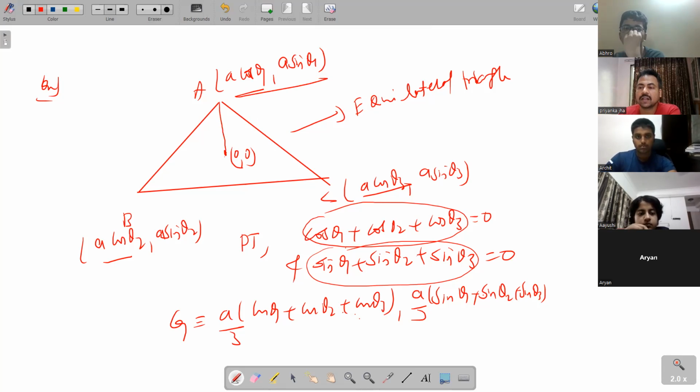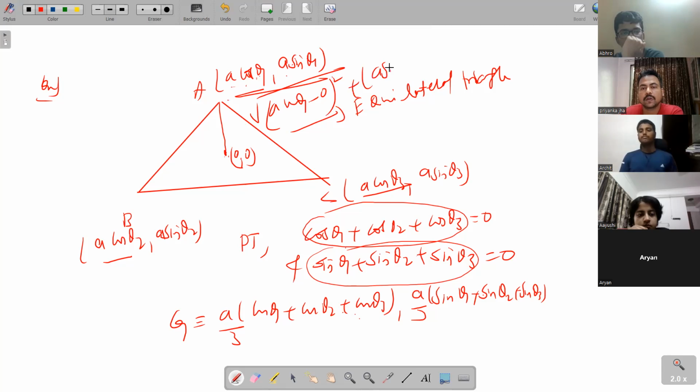take this distance, apply the distance formula, under root (x1 minus x2) whole square plus (y1 minus y2) whole square. You will get a square cos square theta 1 plus a square sin square theta 1. So take a square common, cos square theta 1 plus sin square theta 1, that is 1.